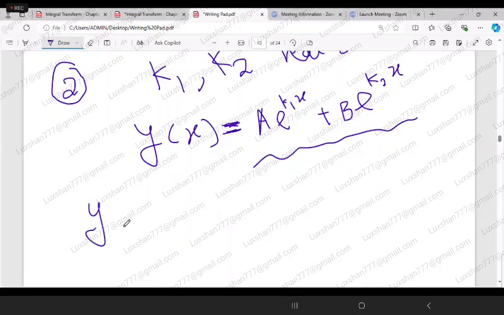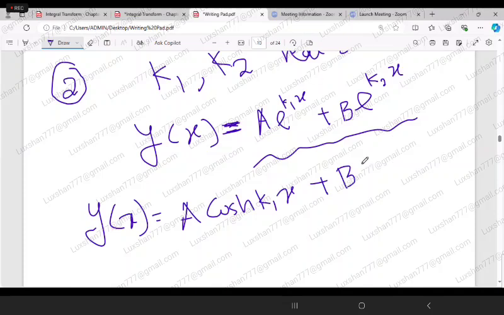You can write it this way also: A cosh k1 x plus B sinh k1 x. Not this way actually, you can write this way, I'm sorry.